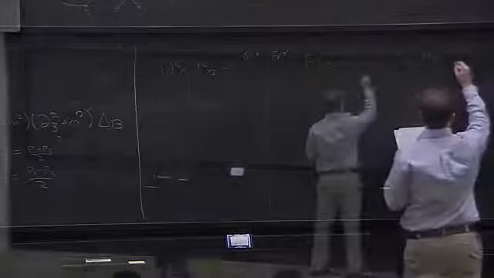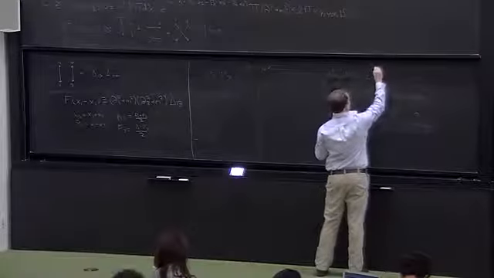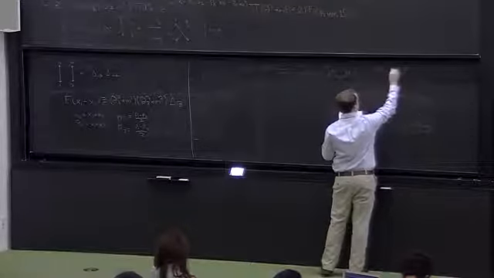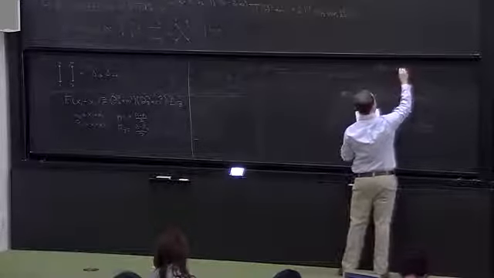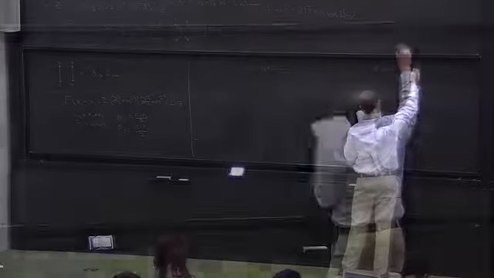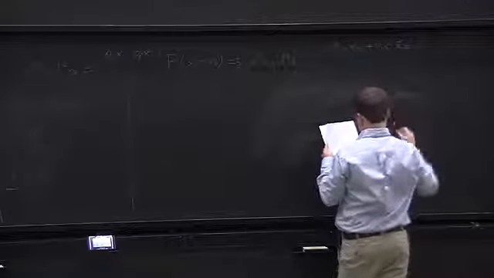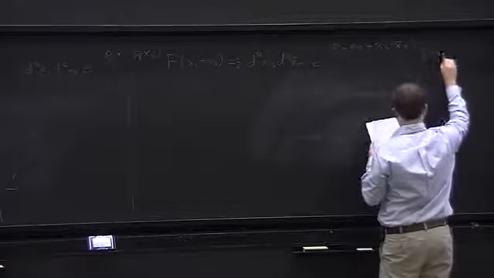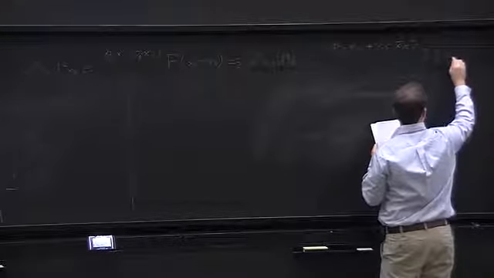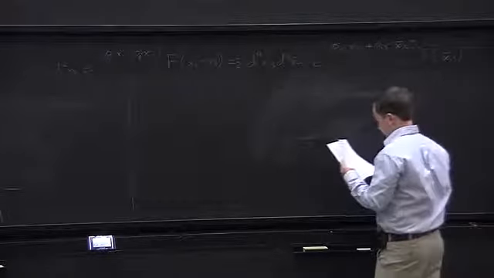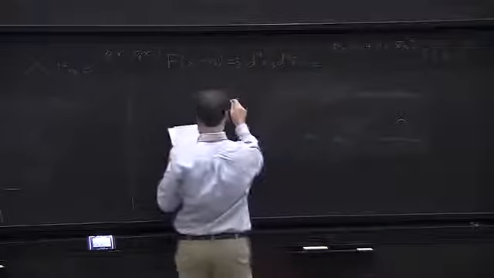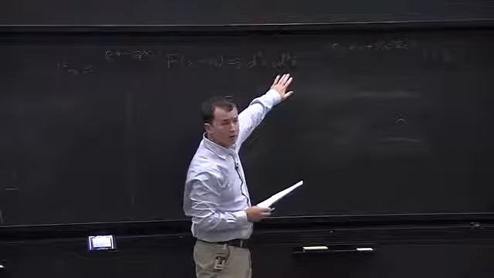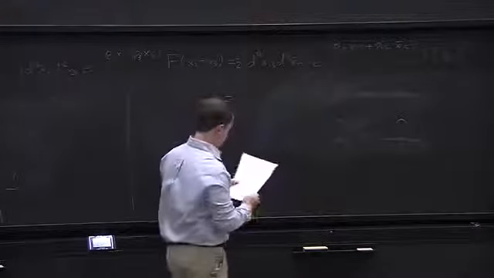We get then e to the i p13 bar dot x13 plus p13 dot x13 bar, f of x13 bar. The x13 bar integral just Fourier transforms f.